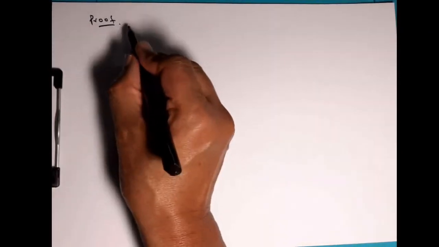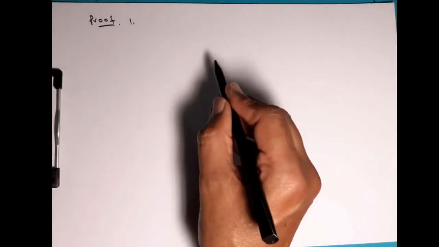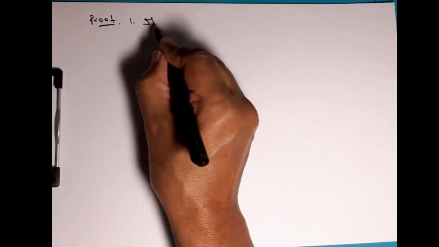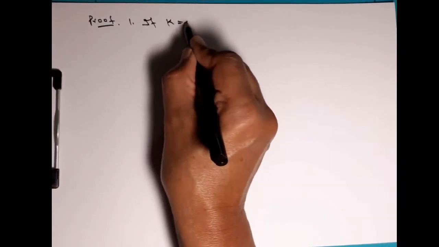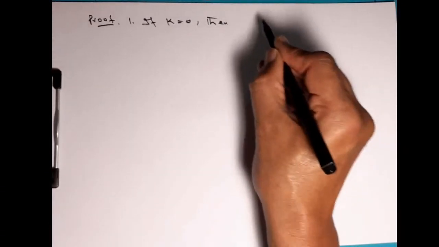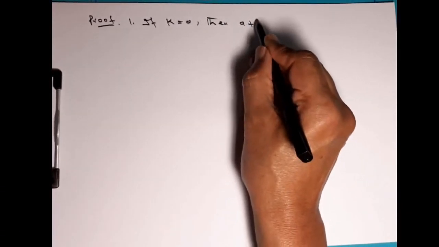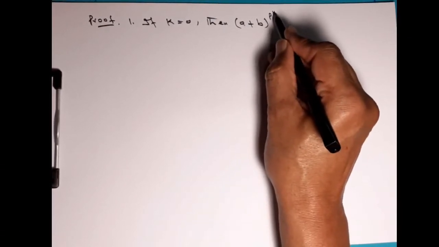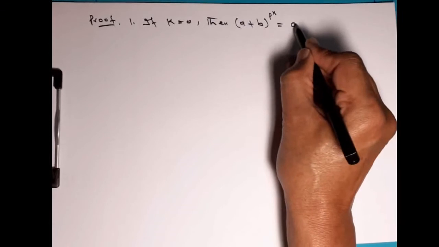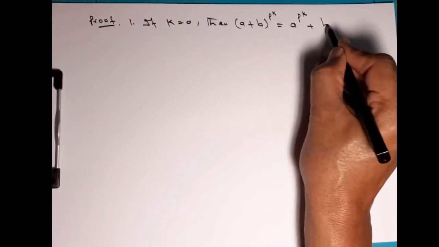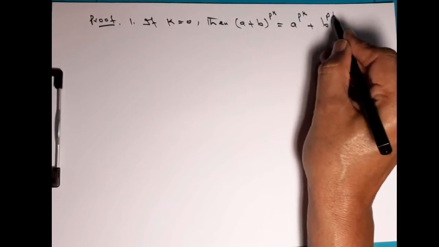So let's make this observation for the proof. Number 1, if k is equal to 0, then a plus b raised to power P raised to power k is equal to a raised to power P raised to power k plus b raised to power P raised to power k.